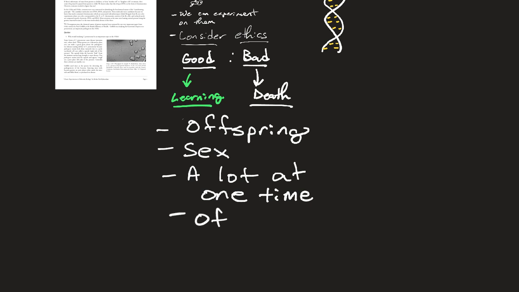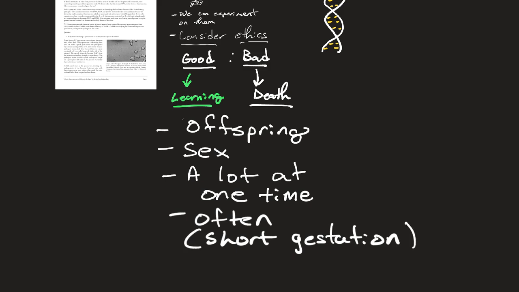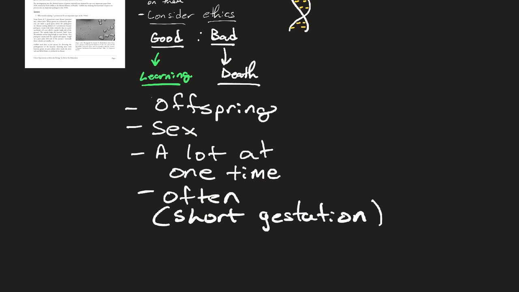They have them often. We call this a short gestation. We have to wait only a little bit of time for them to be ready to have another set of babies. So if we were using you to experiment on, which by the way the Nazis did use humans to experiment on, we'd have to wait 9 months after you got pregnant to have a baby, and then we'd have to wait 18 years, or 14 or 12 years, for that baby to get old enough to have babies.